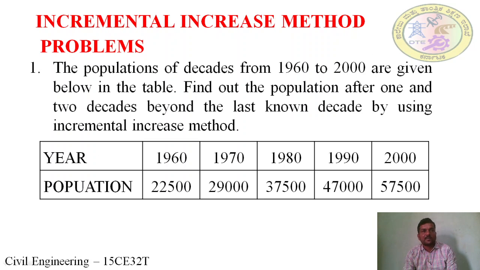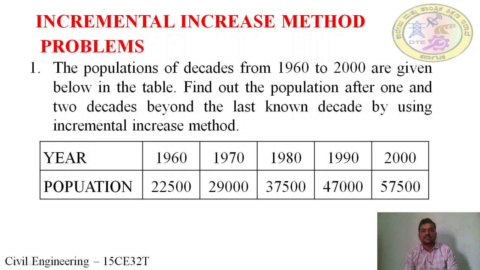Let us solve a problem on the incremental increase method. For comparison, we have taken the same problem which we already discussed in the geometrical increase and arithmetical increase methods. The populations of decades from 1960 to 2000 are given in the table.